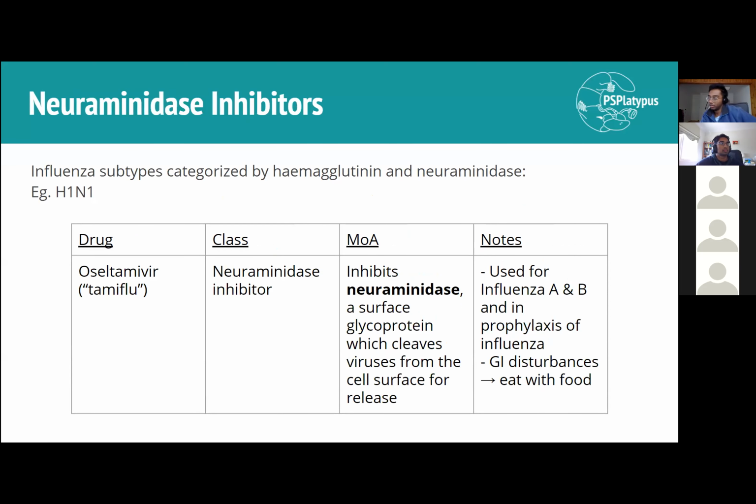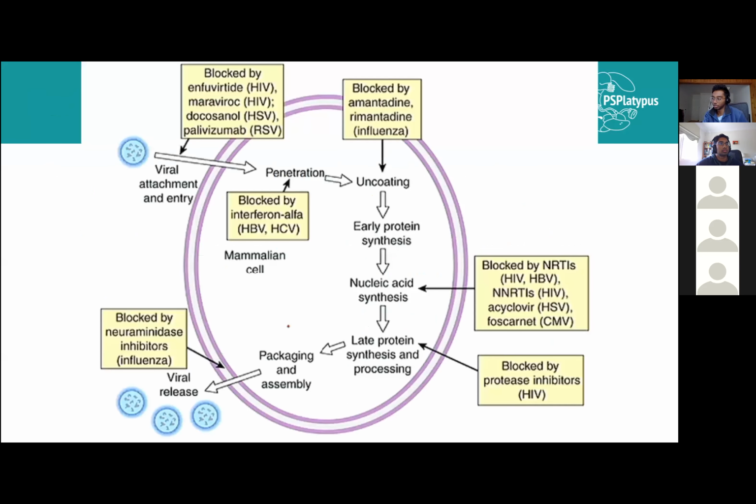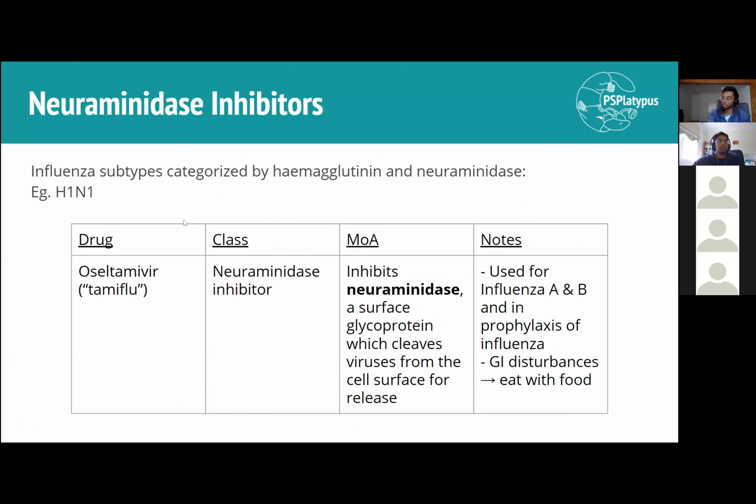The next one would be the neuraminidase inhibitor. Going back to the diagram, we've got this one over here in the bottom left, which is essentially blocking viral release from packaging and assembly. A bit of context about neuraminidase is that with influenza, we hear stuff like H1N1.